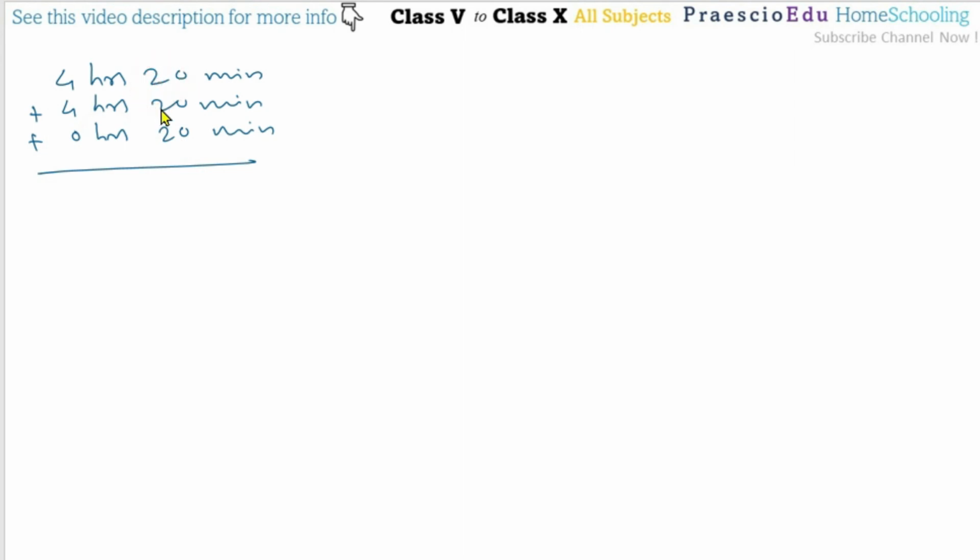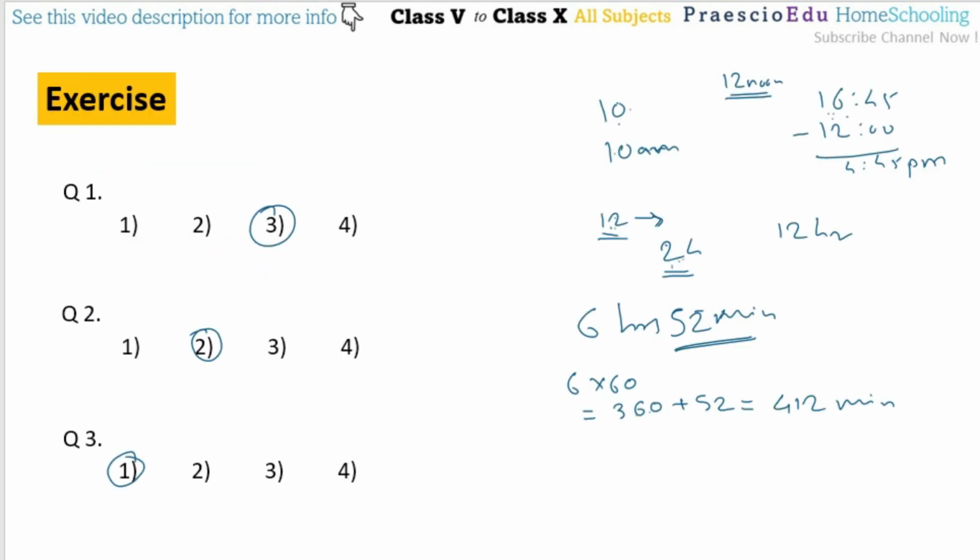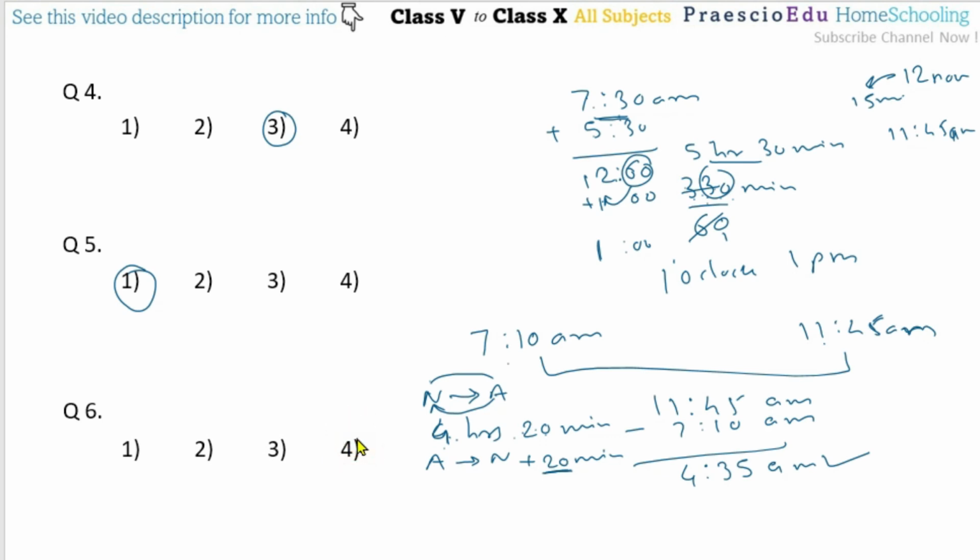So 20 plus 20 plus 20 is 60 minutes, and 4 plus 4 is 8 hours. We can convert 60 minutes into 1 hour, so 1 plus 8 is 9 hours and 0 minutes, or only 9 hours, which is shown in option number 4. Question number 6, option number 4, 9 hours.